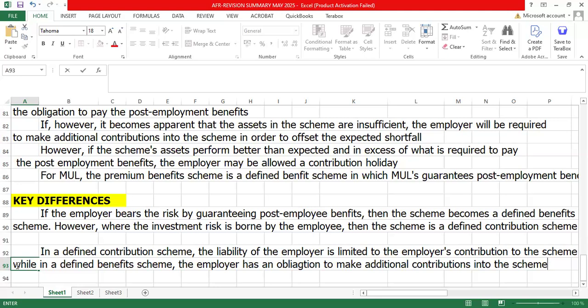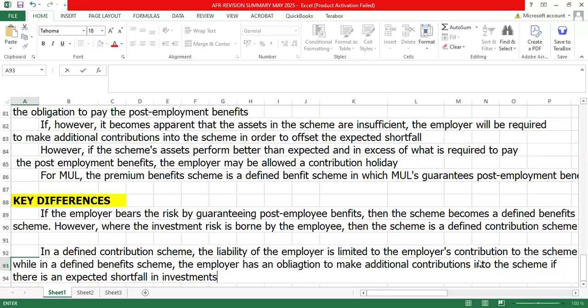So that is also something to note. So you need to make additional contribution into the scheme if there is unexpected shortfall in investments.